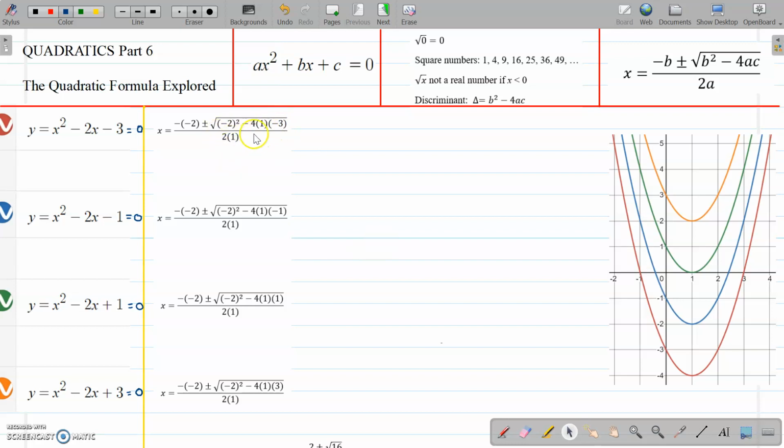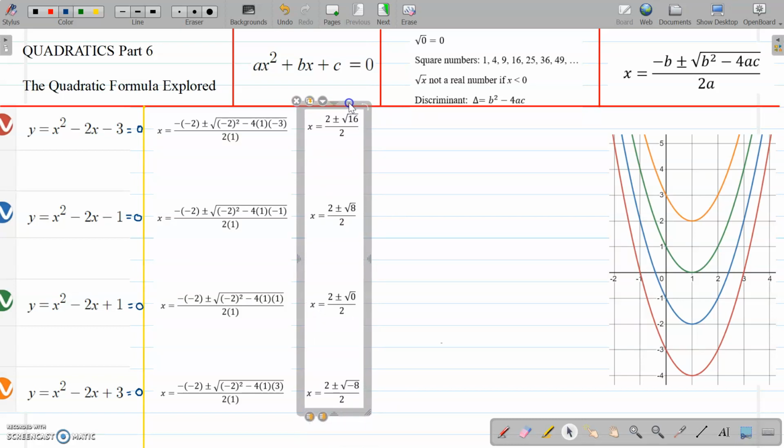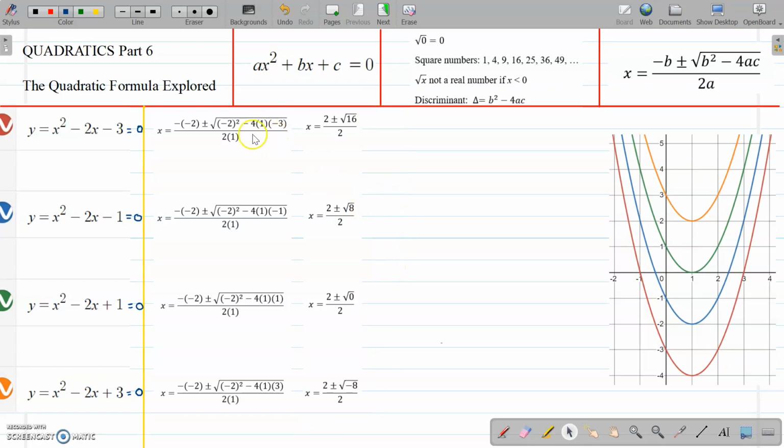Now if you evaluate that or simplify it further, I've also done that for each of them to save some time, and those are the results that you get. You can check them out if you want to. That's what you'll end up with for each of those four substitutions. Now these can actually be simplified further because every single one of them has a common factor of 2 on the numerator and denominator, but we're not going to worry about that too much. We're just going to extract the solutions from there as they are.